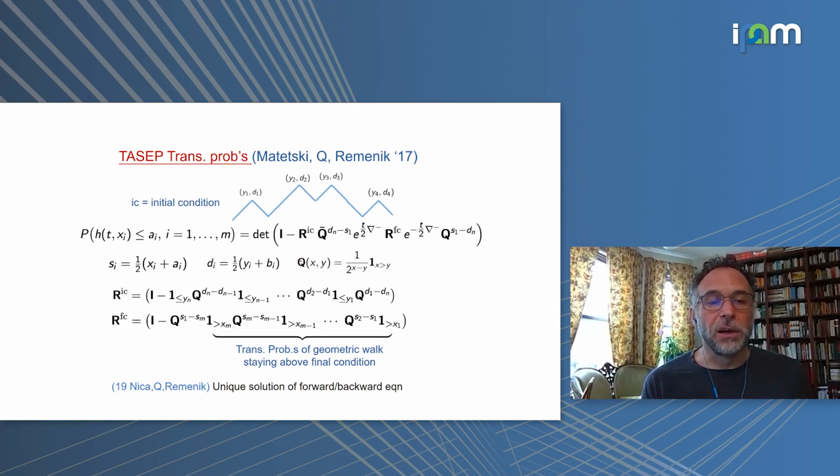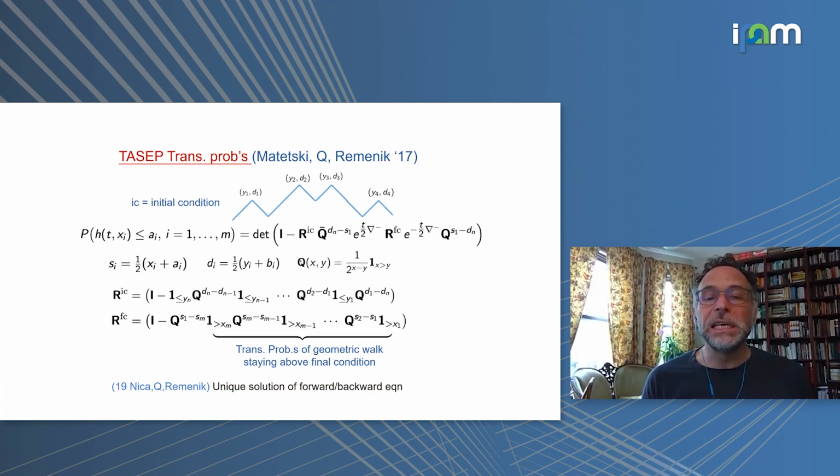And we'd now like to know the probability that the height function at time t at a bunch of xi's is less than ai's. So this is given by some Fredholm determinant, as I said, and the important thing is the form of the kernel. So the kernel, as you can see, is the product of a bunch of operators, some of which are very simple.